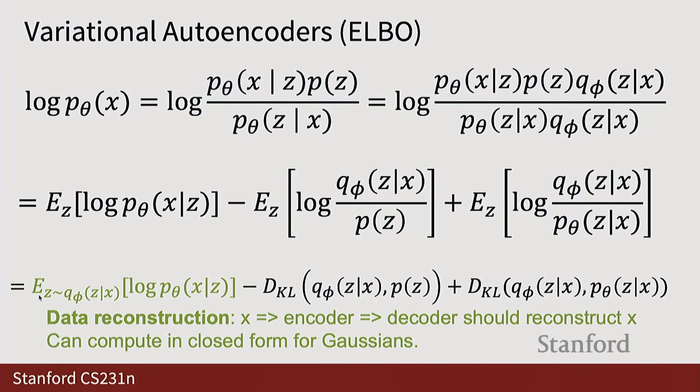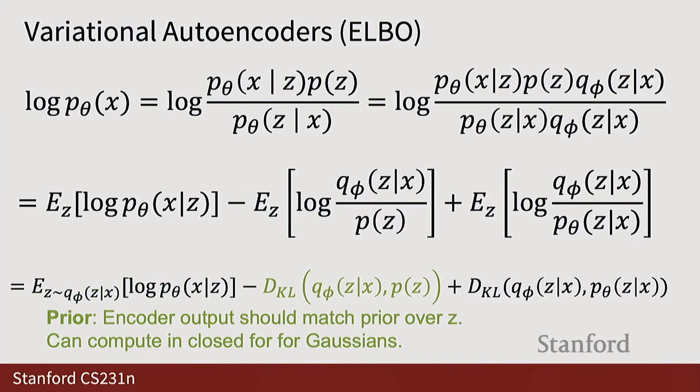Then we're going to take an expectation over all such z and maximize the log probability of x given z. So this is basically a data reconstruction term. It's saying that if we take a data point x, run it through the encoder to get a distribution over z, and then pass any sample of that predicted distribution over z into the decoder, we're going to recover x.